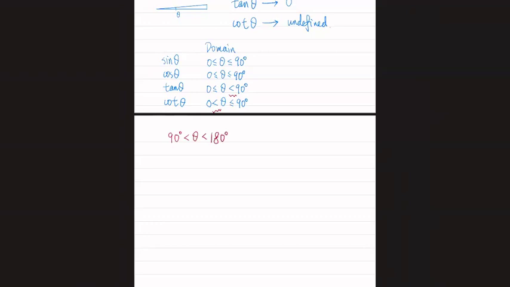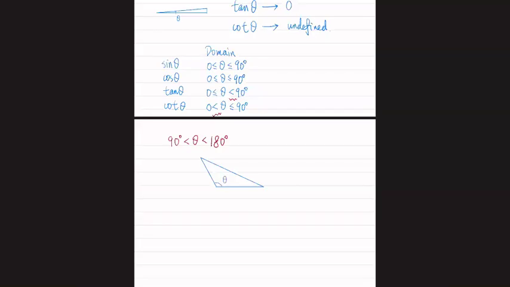So let's draw a more general triangle. This time, to define sine and cosine, we extend this side and draw a perpendicular line.